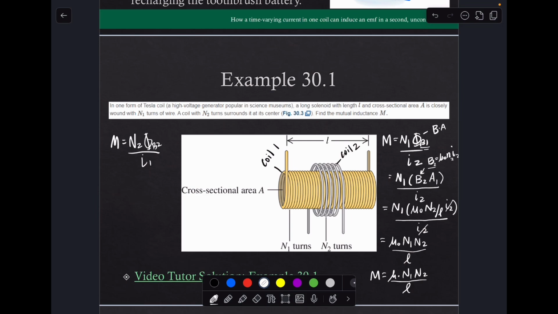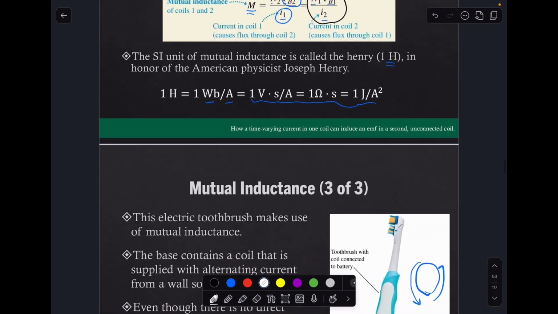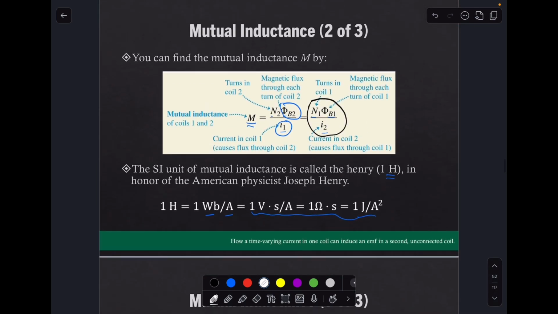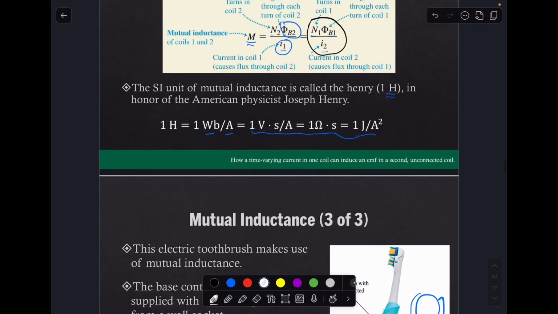Okay, so that's basically another form of the mutual inductance that can go along with this equation up here. We basically just expanded what phi was in terms of the magnetic field created by the other coil and the area of the first coil.